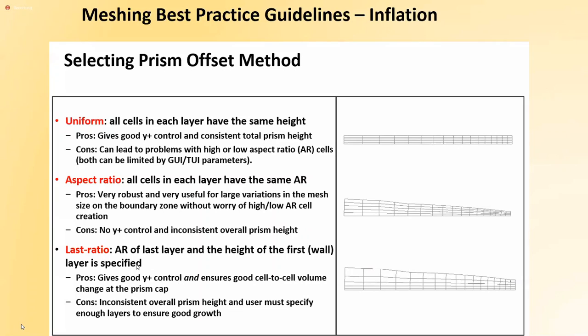But here you can see the difference between the. These are specific to Fluent, but I can invent a million kinds of. I mean, I can go with first cell and growth.